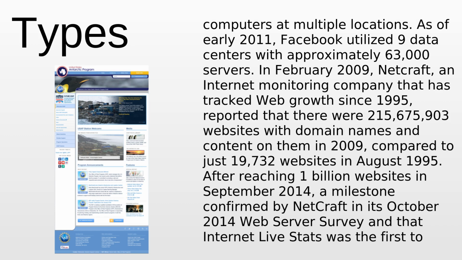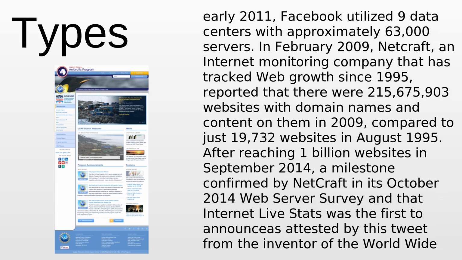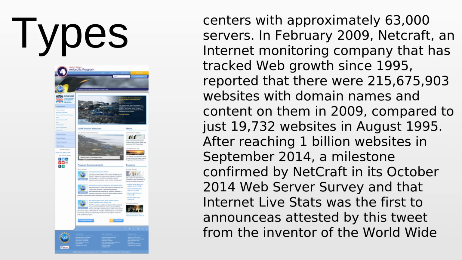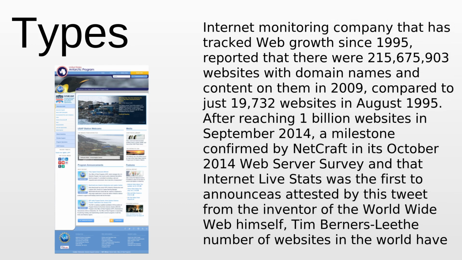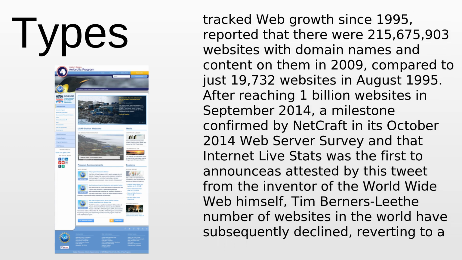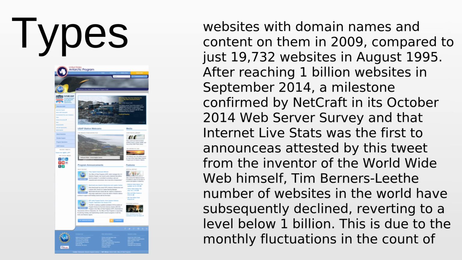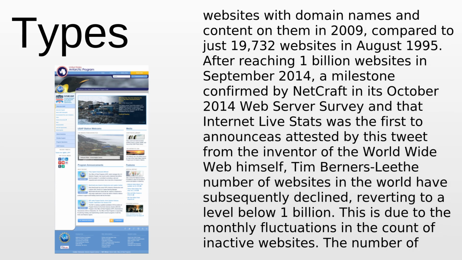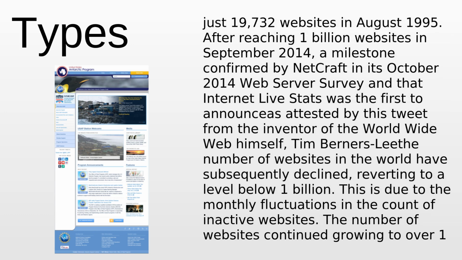In February 2009, Netcraft, an internet monitoring company that has tracked web growth since 1995, reported that there were 215,675,903 websites with domain names and content on them in 2009, compared to just 19,732 websites in August 1995.